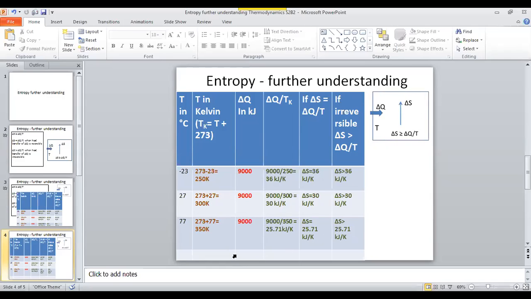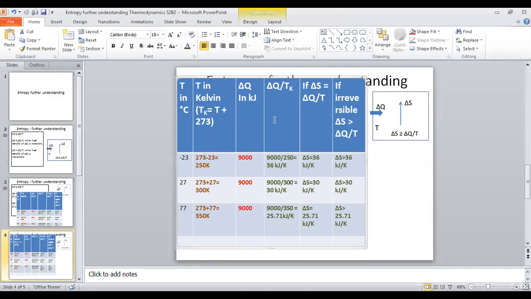Let me put quite a big value here. For power generation, generally, let's say your temperature is 300 degrees, easily 500, let's say 400 degrees Celsius.